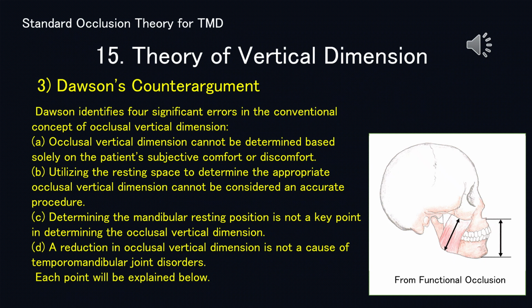B. Utilizing the resting space to determine the appropriate occlusal vertical dimension cannot be considered an accurate procedure. C. Determining the mandibular resting position is not a key point in determining the occlusal vertical dimension. D. A reduction in occlusal vertical dimension is not a cause of temporomandibular joint disorders. Each point will be explained below.